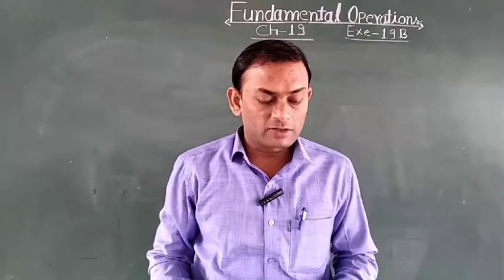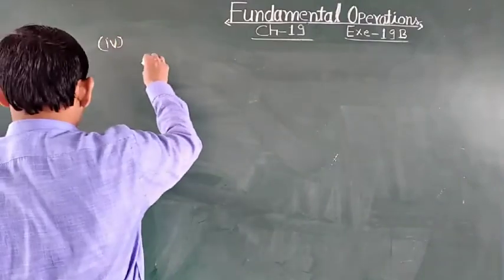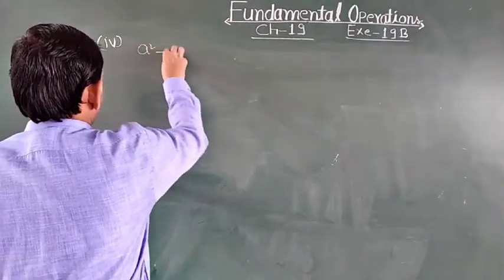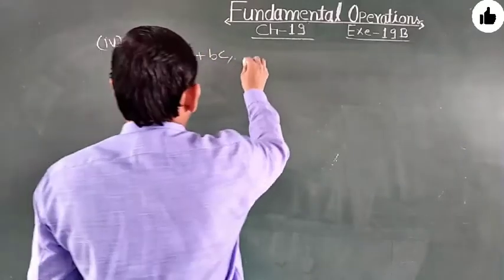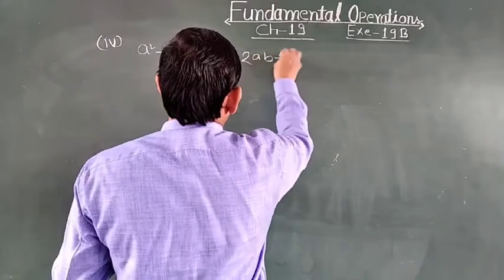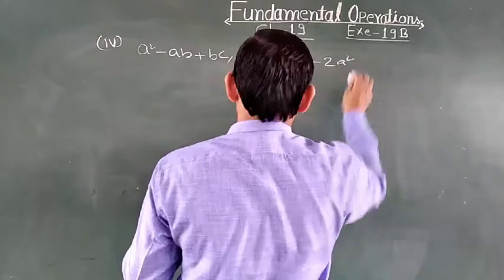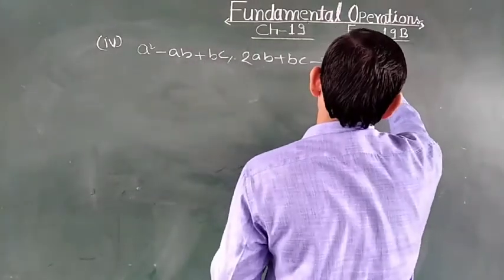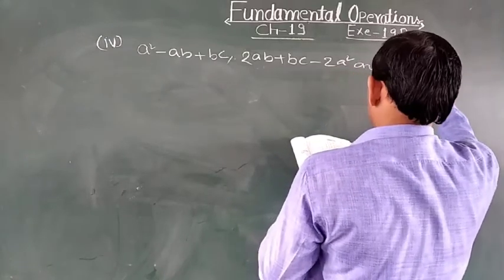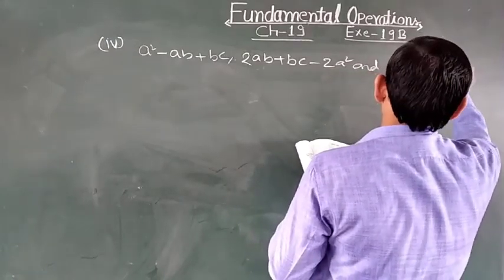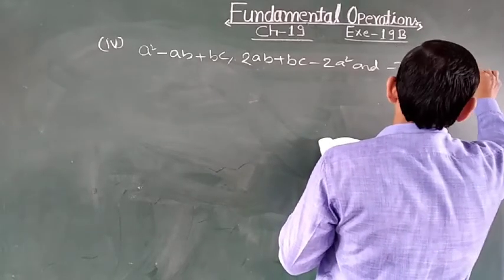After that, the fourth part of question number 1 I am just going to tell you. a square minus ab plus bc, and 2ab plus bc minus 2a square, and the third term minus 3bc plus 3a square and plus ab.